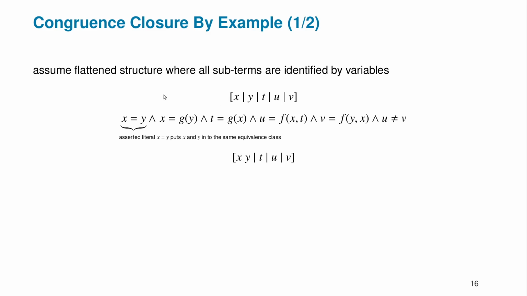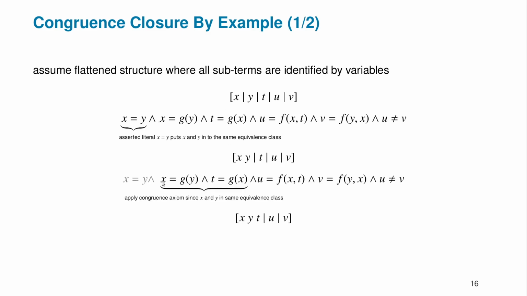And now we use the equalities to refine the equivalence classes. Here we have x equals y, therefore we merge the class of x and y and get xy. Then here we have x is equal to gy and t is equal to gx.